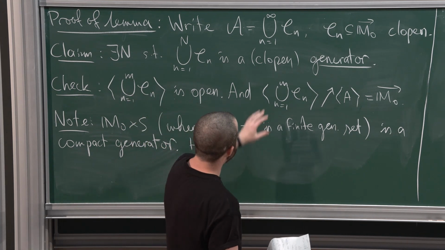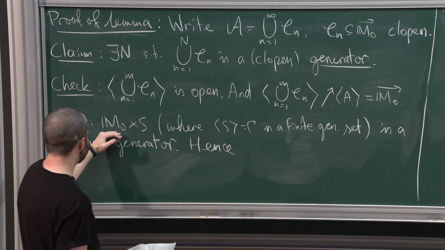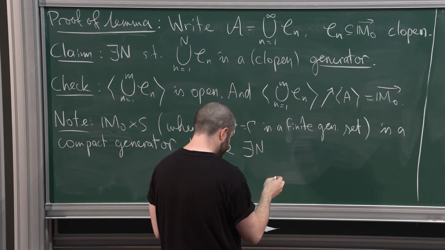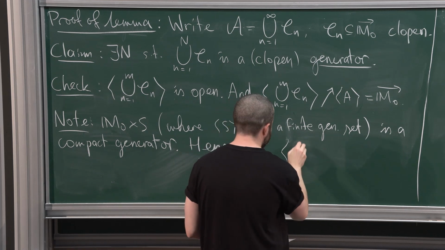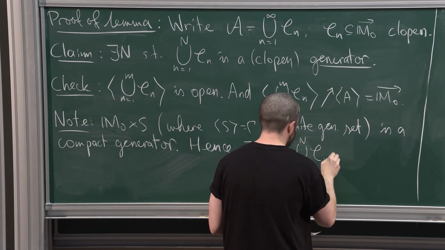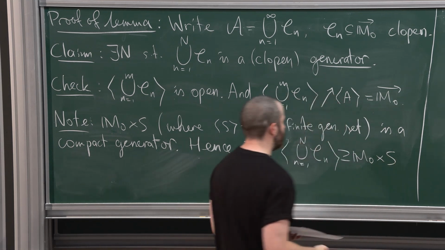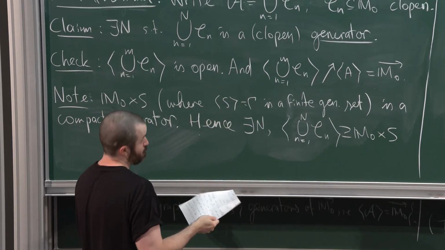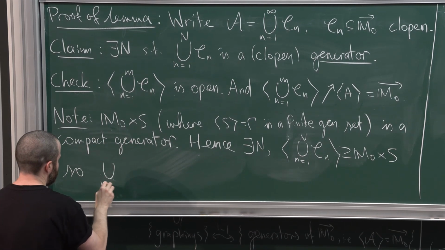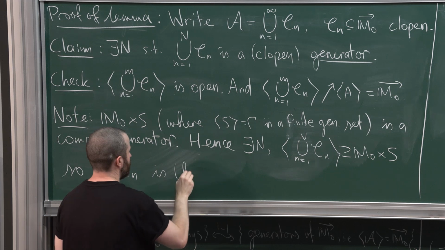I mean, if I'm looking at this cropped thing and what it generates, it's increasing to the whole space. So at some point, it has to contain this guy. So hence, there exists n such that if I crop it at the nth level, this contains this compact generator. So it seems to me that this guy is the desired Clopen generator.